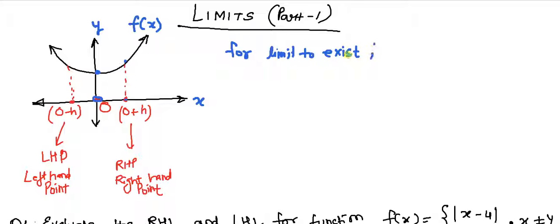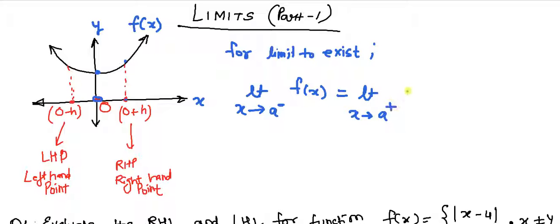there is a certain criterion, and that criterion says that the limit as x tends to a negative of the function is equal to the limit as x tends to a positive of that function. This is showing the left hand limit because of the negative symbol. This is just a superscript above a. It's not a negative sign.